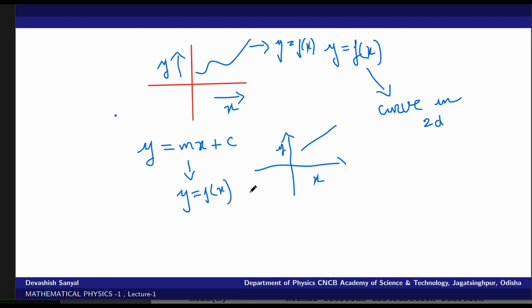So y is equal to mx plus c is a very specific type of curve, a straight line. In general, y is equal to f(x) can be a curve like this.